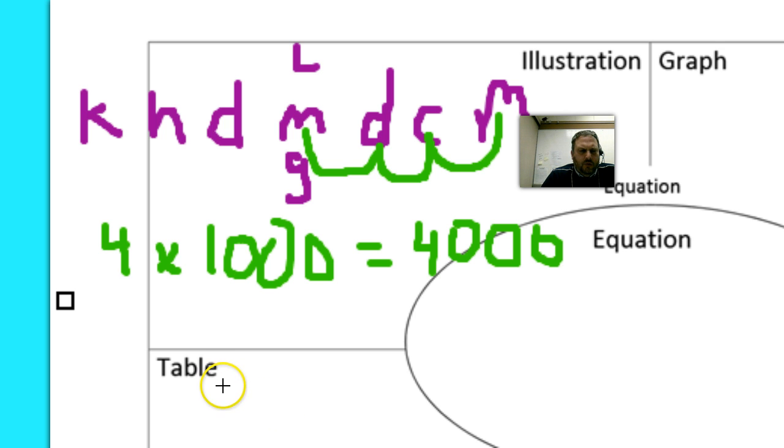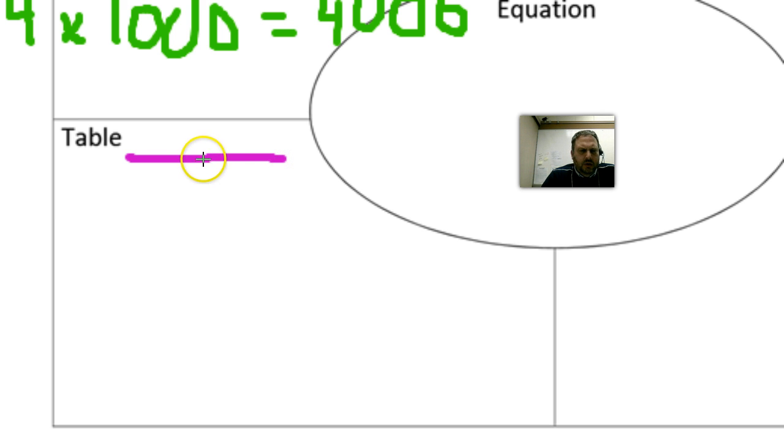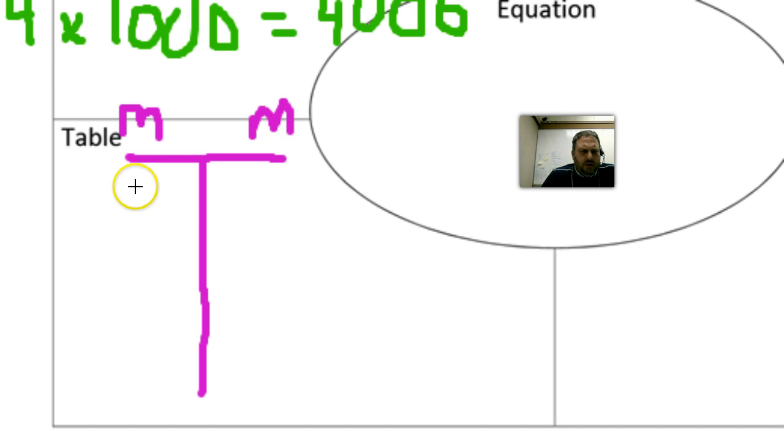Okay, so in table form we're simply going to make a table of values. On the left hand side I'd have my meters, and on the right hand side I'd have my millimeters. So I have meter number 1, meter number 2, meter number 3, meter number 4. It takes 1,000 millimeters to make a meter.